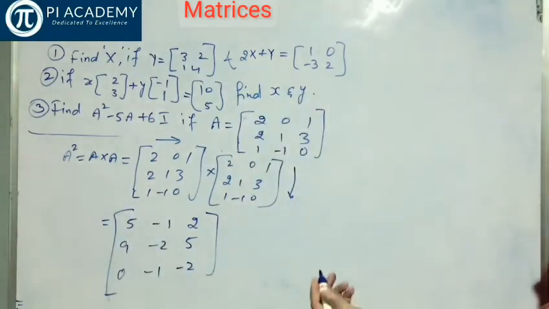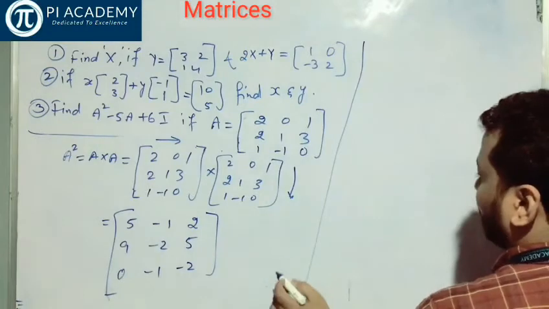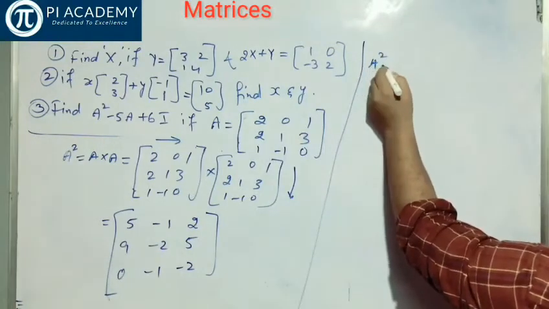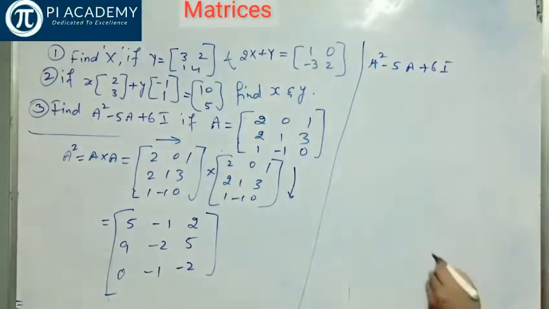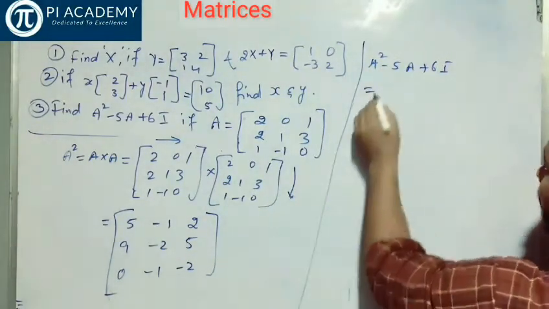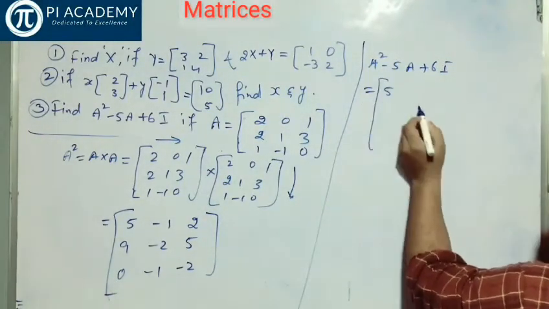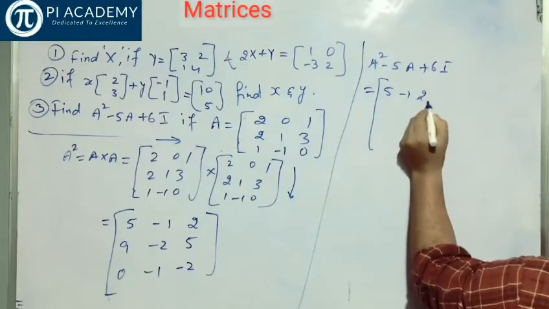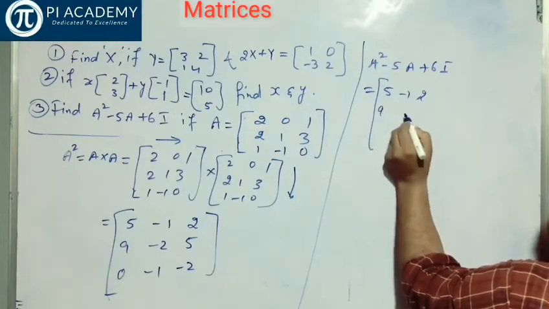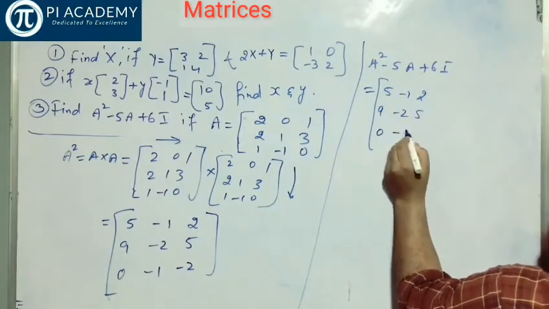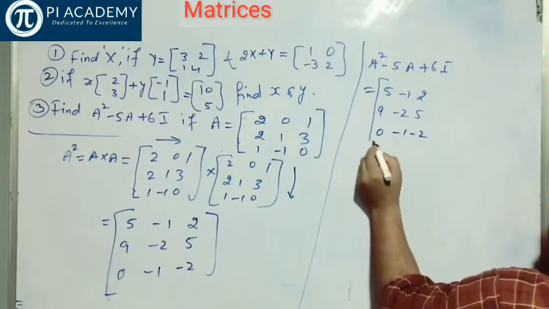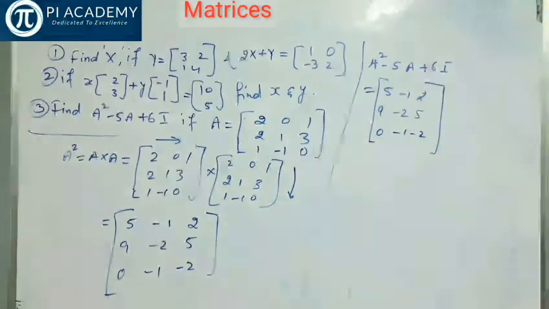Now we'll find the 5A. 5A we directly multiply. So I'll start from the equation only: A squared minus 5A plus 6I. We have to find it. So A squared I just got. 5 minus 1 2, 9 minus 2 and 5, 0 minus 1 minus 2. I have written it a bit small because there is less space here.